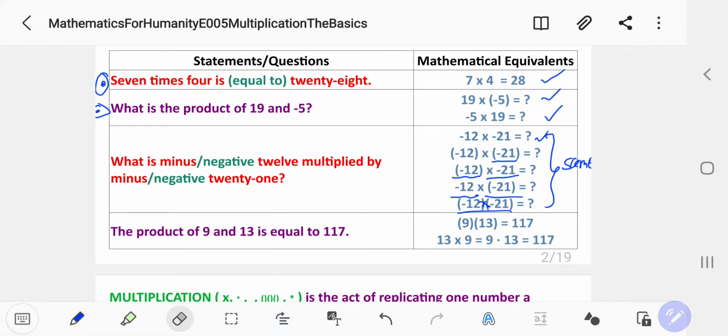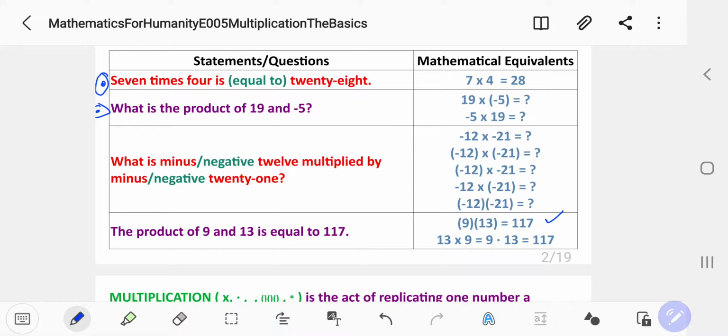So those are just equivalent mathematical statements for the text or the words on the left. The product of 9 and 13 is equal to 117. Or you can say that 9 times 13 is equal to 117.